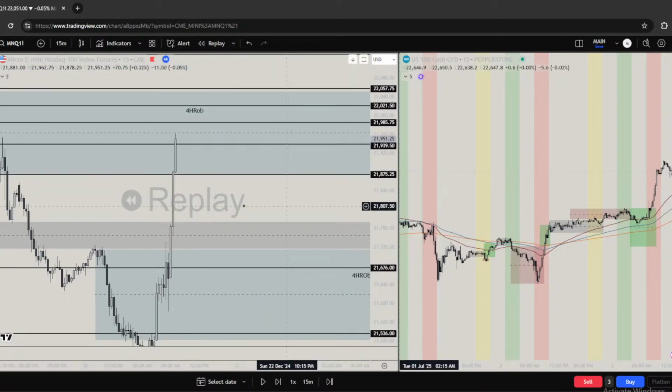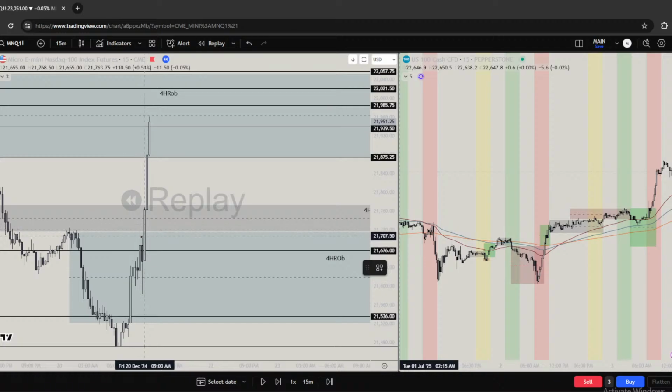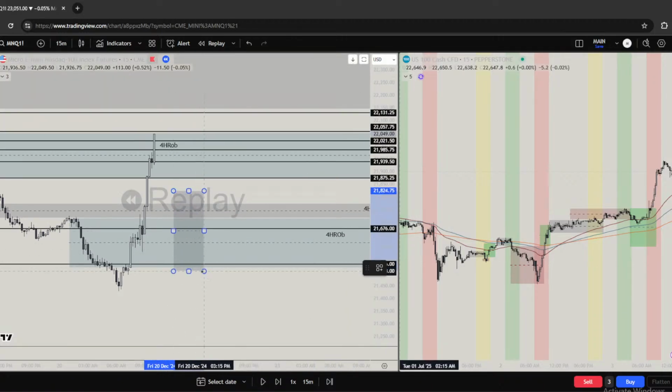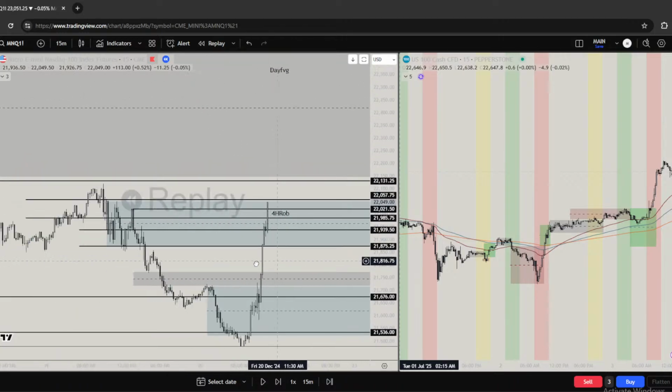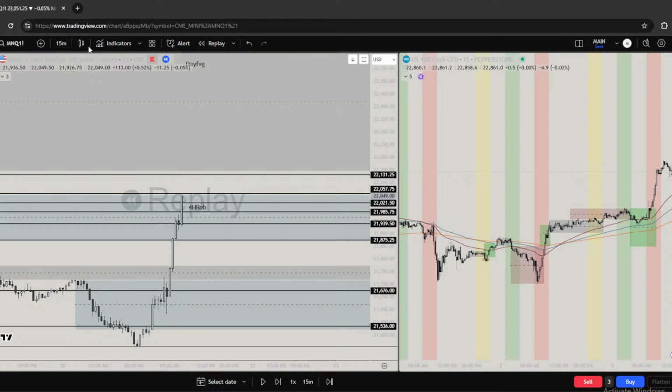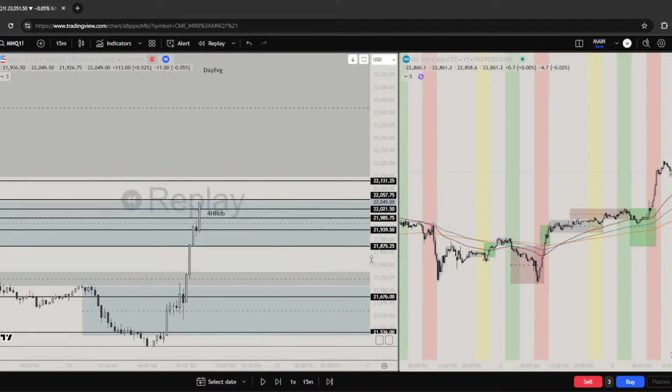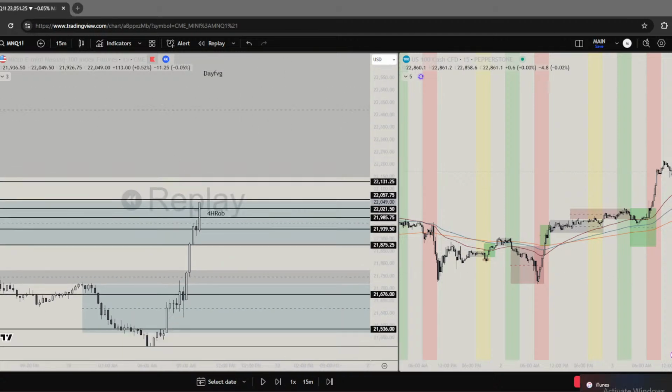Alright, let's try to see if we can get a little retracement. FVG here. Let's see what price wants to do. That's why I like to go on FX Replay, because when you press pause, it doesn't stop. It still spits out like 3 more candles.